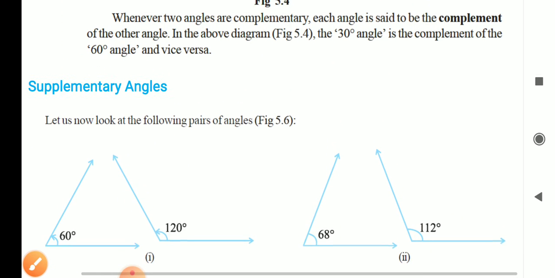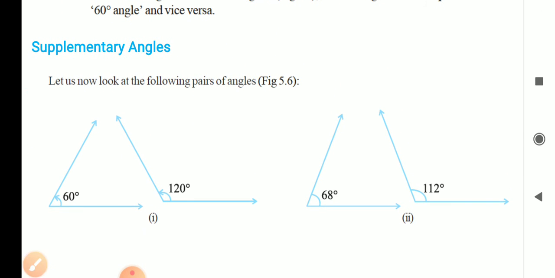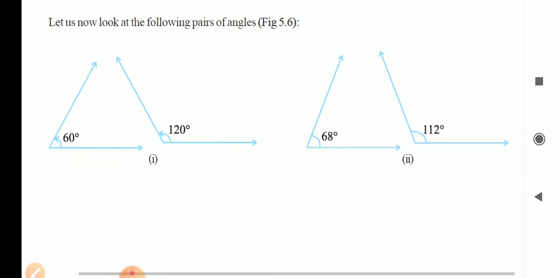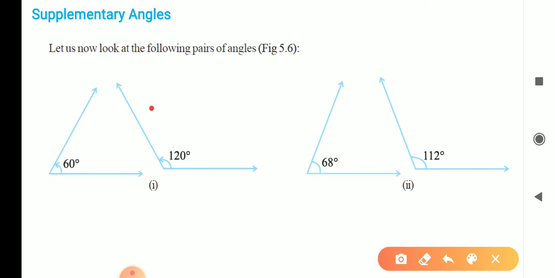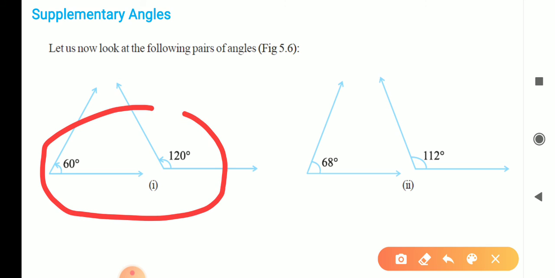Now, the next point is supplementary angle. Supplementary angles: if the sum of two angles is equal to 180 degrees, then the angles are said to be supplementary angles.